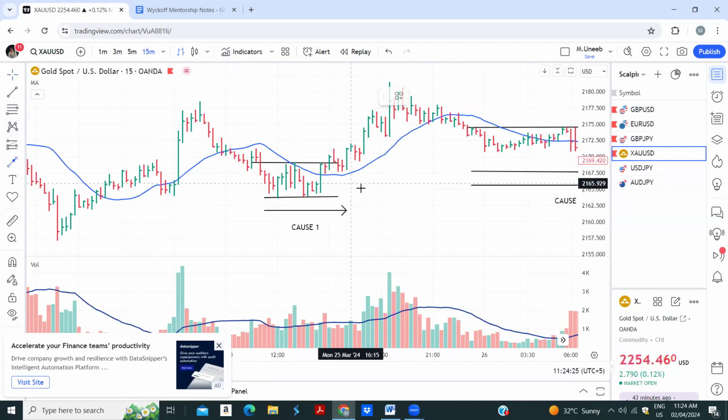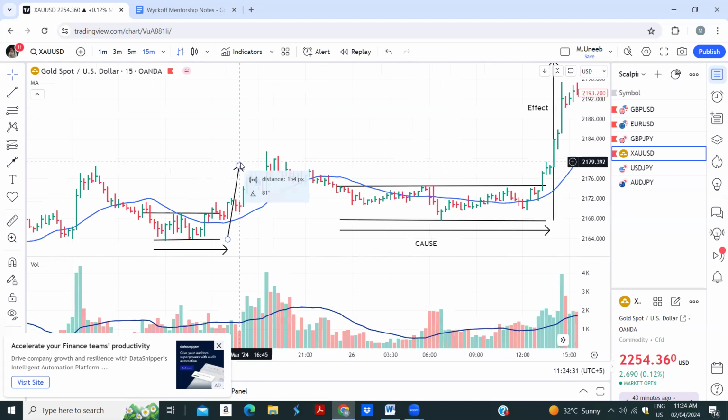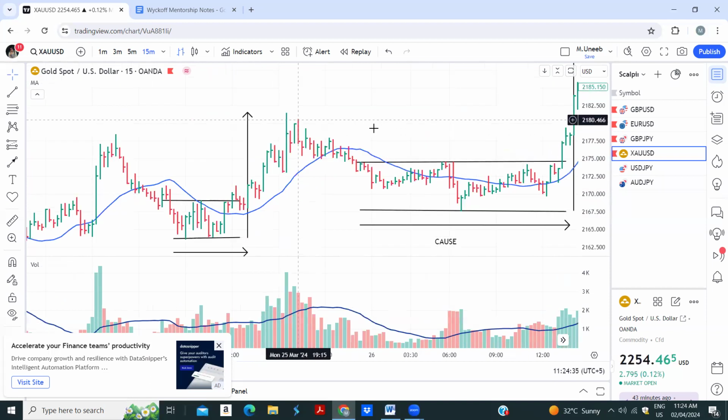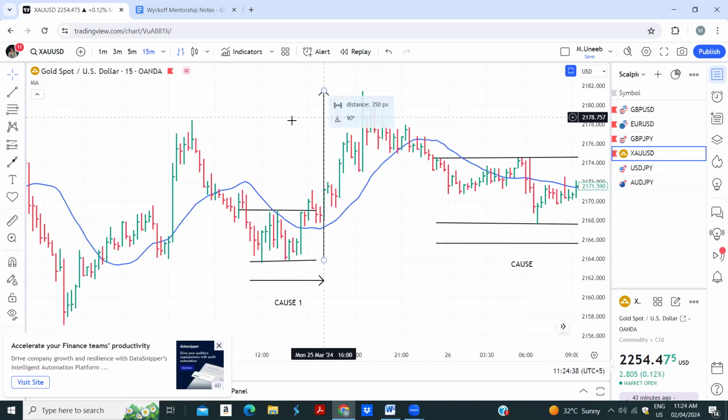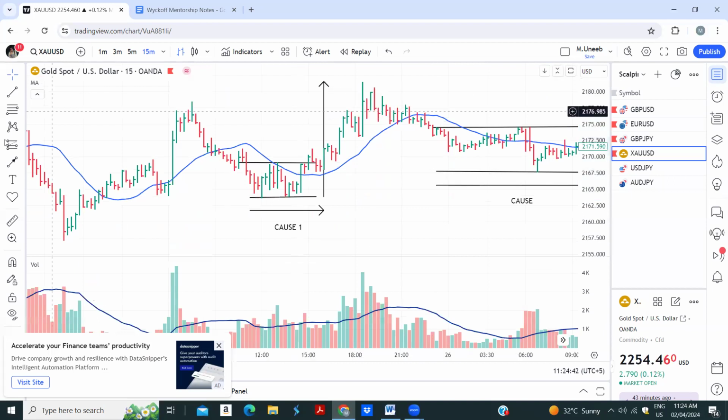And you can see this is the effect, effect one.